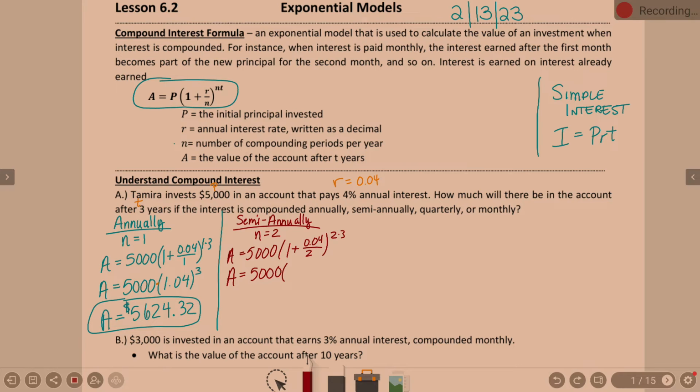What is 0.04 divided by 2? Half of 0.04 is going to be 0.02. Add that to 1, I'm going to have 1.02, raised to the 2 times 3 is 6. For me, that's what I'm typing into my calculator: 5,000 times 1.02 to the 6.